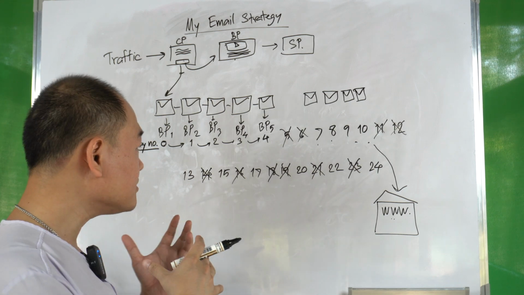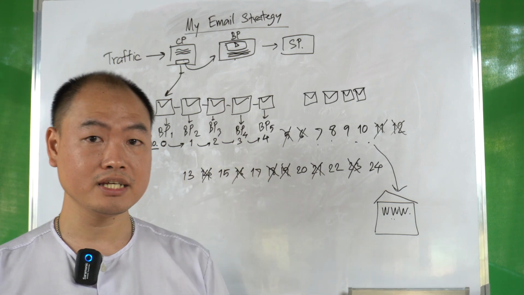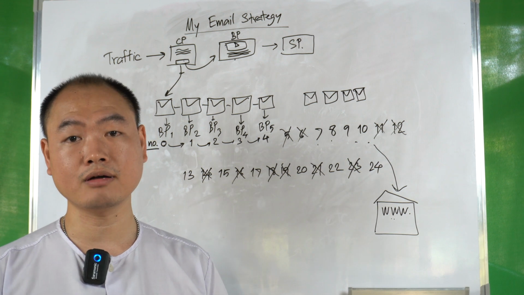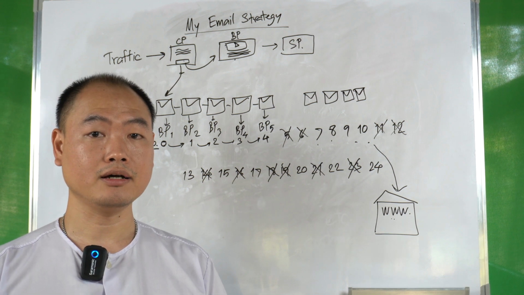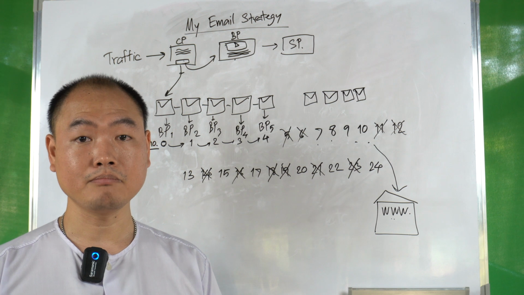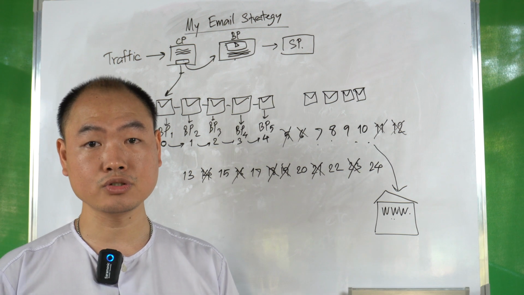But for my funnels here, people who opt in decided that they want some information from me, and hopefully they might end up buying the stuff that I promote to them, okay?